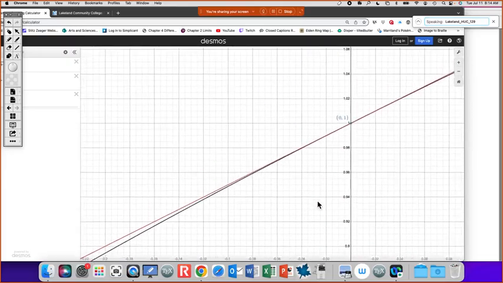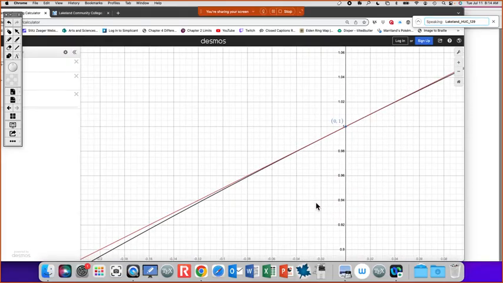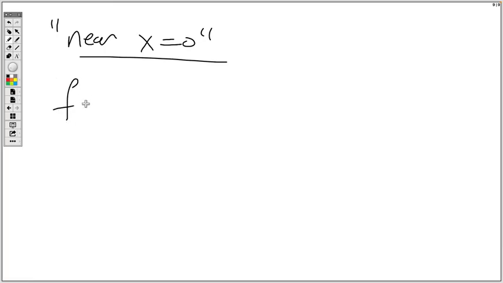Whoop, there it is. Behold the local linearity. So once again, what that means is near x equals 0, we can approximate f of x by the linearization. That's local linearity there. Okay?